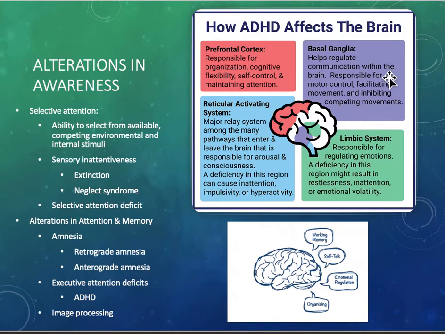Basal ganglia, this is not usually affected by ADHD, but sometimes it is. This is responsible for motor control. And then finally, the limbic system is your emotions. So all of these things are going to be affected by ADHD, which is a type of executive attention deficit. So it's an alteration in awareness.